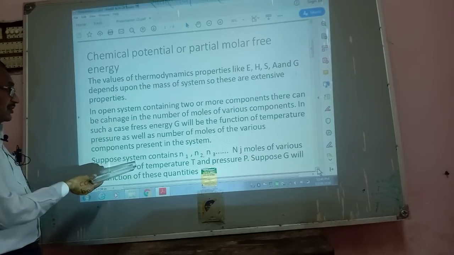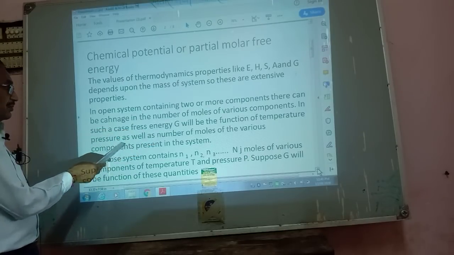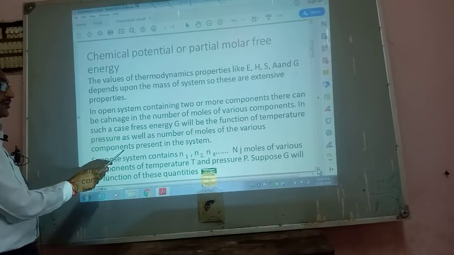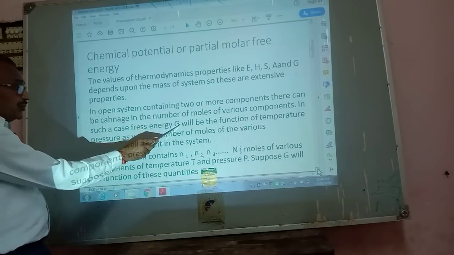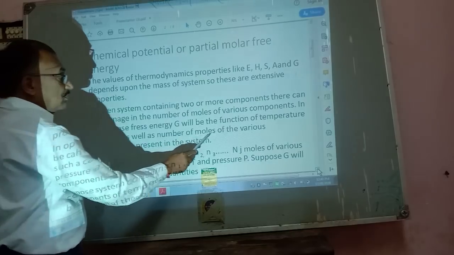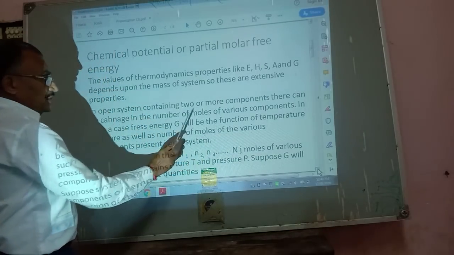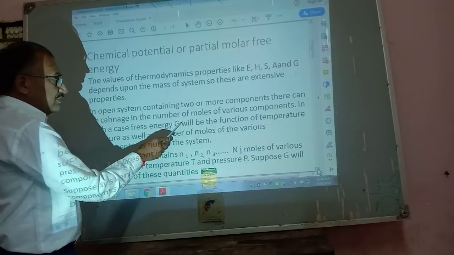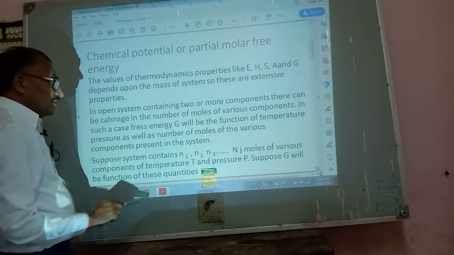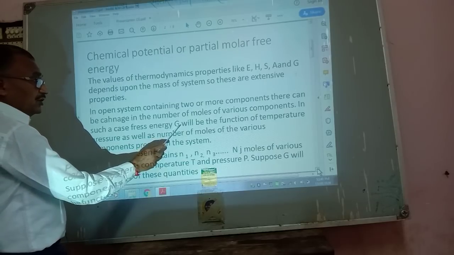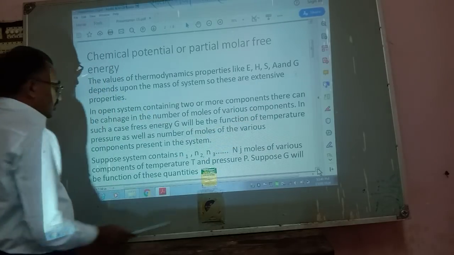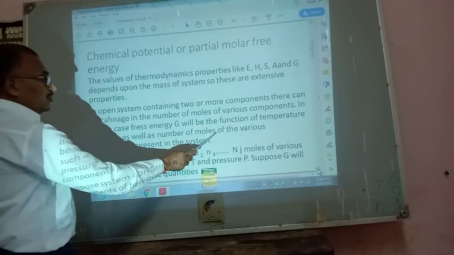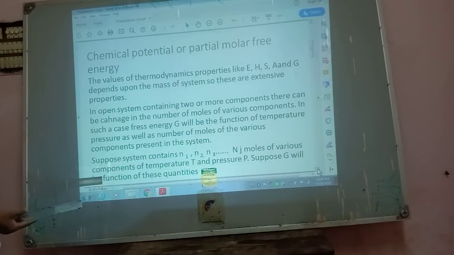If pressure increases, Gibbs free energy increases. If pressure decreases, Gibbs free energy decreases. Similarly, Gibbs free energy is a function of the moles of the various components. If the number of moles increases, Gibbs free energy increases. If the number of moles decreases, Gibbs free energy decreases. Therefore, Gibbs free energy is a function of temperature, pressure, and number of moles of the system.